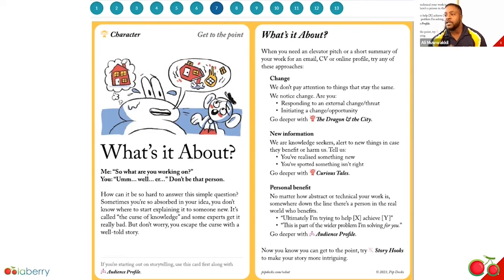I specifically focused on the personal benefit strategy, or approach. No matter how abstract or technical your work is, somewhere down the line, there's a person in the real world who benefits. Ultimately, I'm trying to help X achieve Y. This is part of the wider problem I'm solving for.